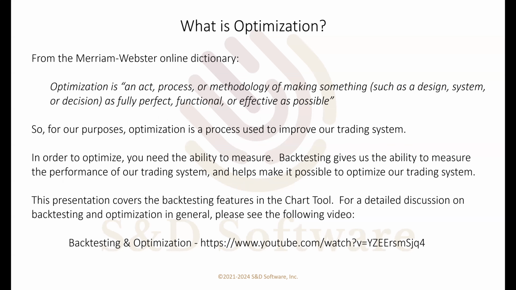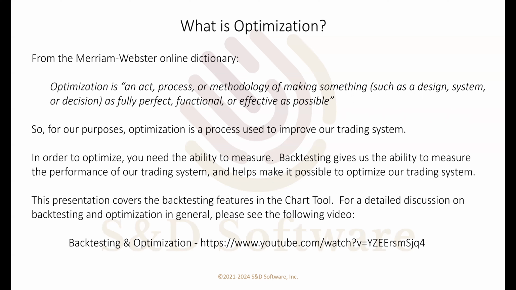Now, when people talk about backtesting, they tend to also talk about optimization in the same breath, as if they're the same thing, when they are not. Basically, optimization is an act, process, or methodology of making something as fully perfect, functional, or effective as possible. Basically, you're trying to make something better. So for our purposes, optimization is the process used to improve our trading system.